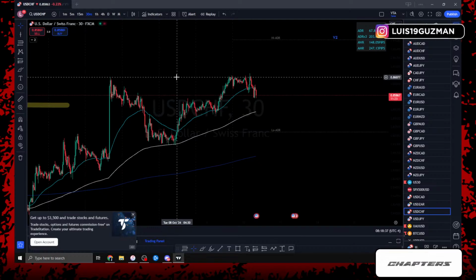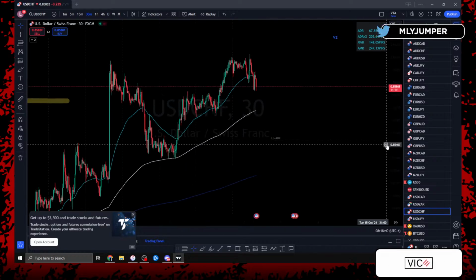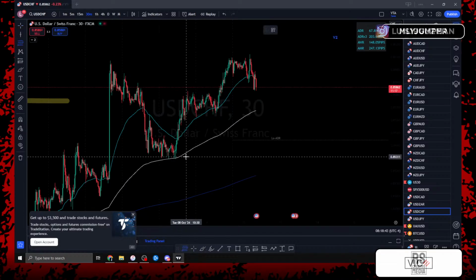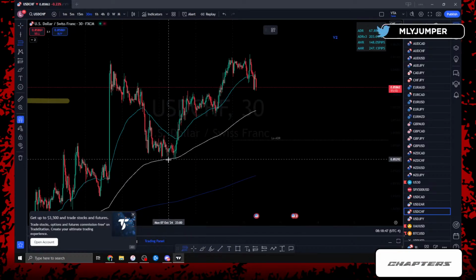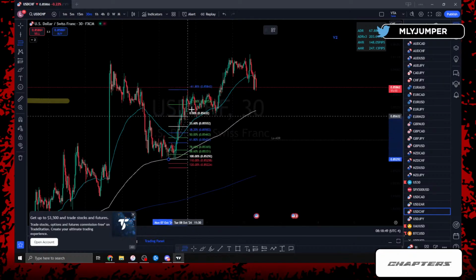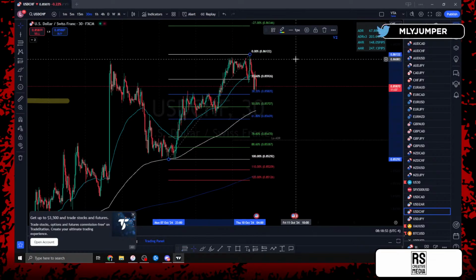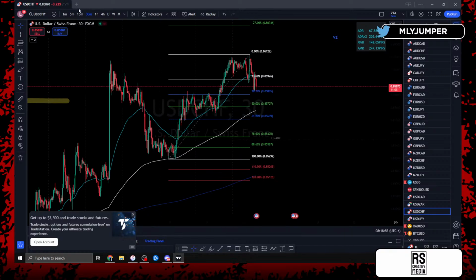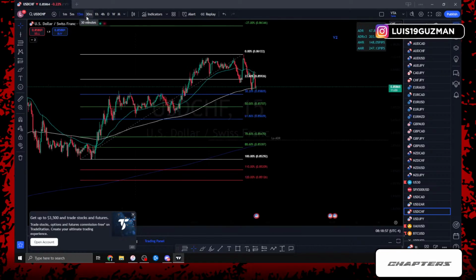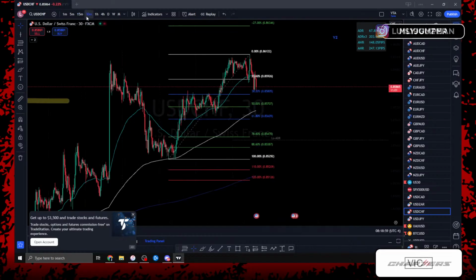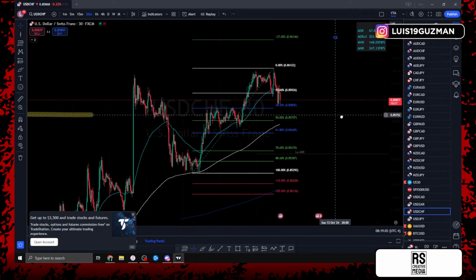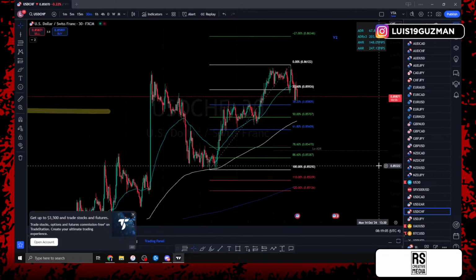Price didn't give us a clean break of structure, but it gave us a new 30-minute low and 30-minute high. And we know that we're trading now between this 30-minute low and these 30-minute highs, and could we be expecting a pullback to the 50% or whatever the case is, to continue? We could say that too.